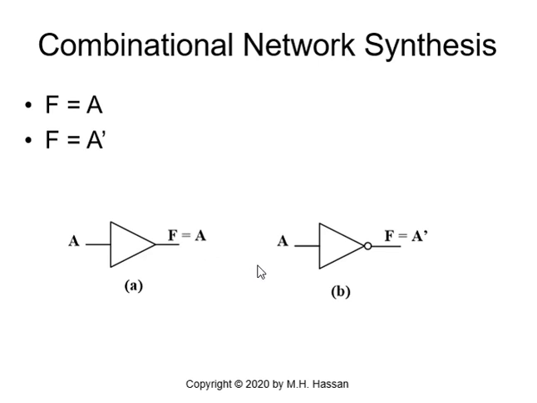However, if we use an inverter, a NOT gate, and we have a, we can invert it where the output will be a prime, so f will equal a prime. The circle here signifies inversion, while here there is no circle, so this is a buffer and this is an inverter. These are the synthesis of the first function f equals a, and the second function f equals a prime.